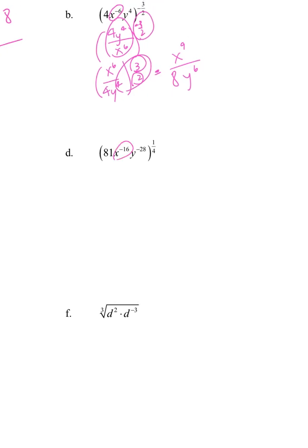Here I'm going to take care of these two negative exponents first. And then everything is going to get some of the exponent. The 4th root of 81 is 3. 16 times 1/4 is 4. And 28 times 1/4 is 7.